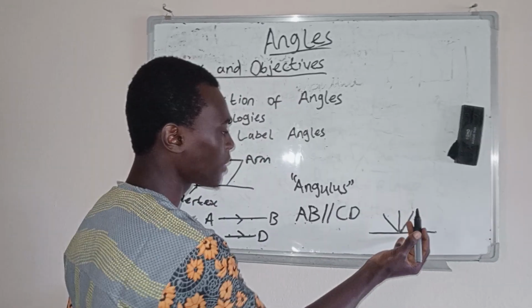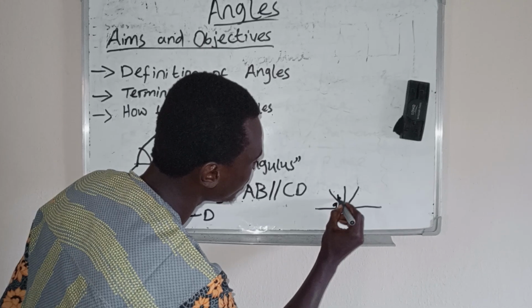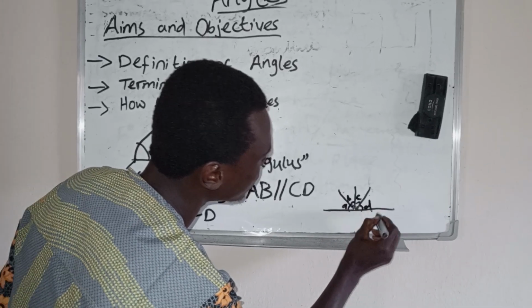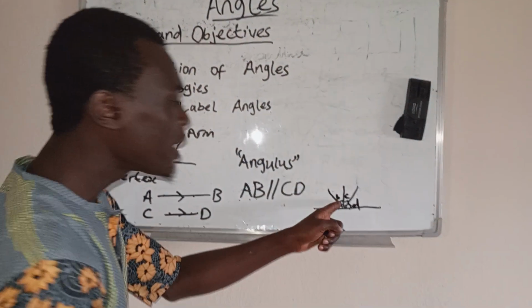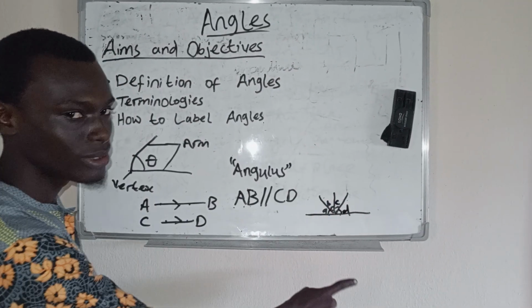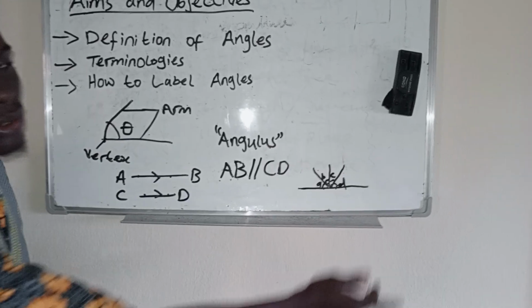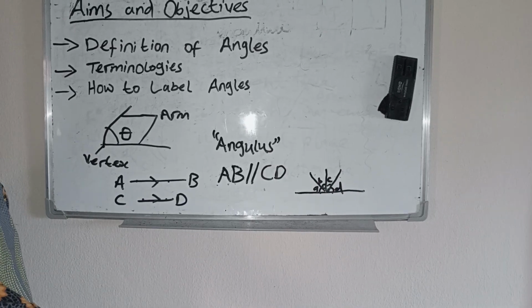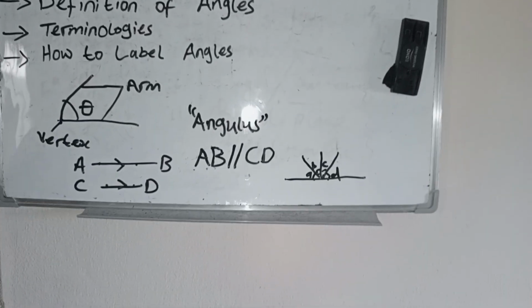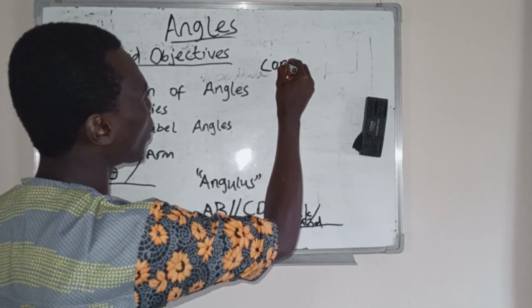For example, we have angle A, angle B, angle C, angle D. Angle A is adjacent to angle B, angle C, and angle D. Angle B is adjacent to angle A, angle C, and angle D, and so on and so forth. That is adjacent angles.